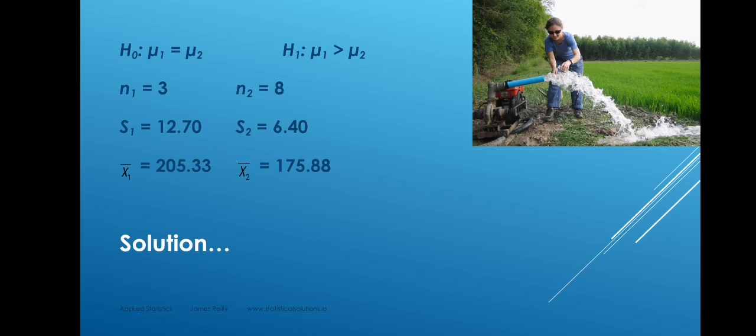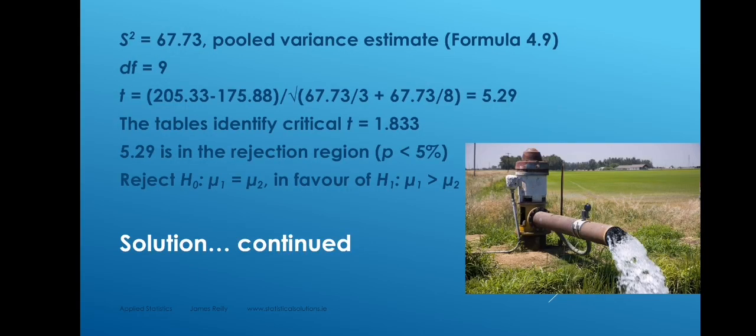So we will begin by calculating S, the assumed equal standard deviation, the common standard deviation of both influent and effluent, by combining together the estimates of standard deviation from these two samples.